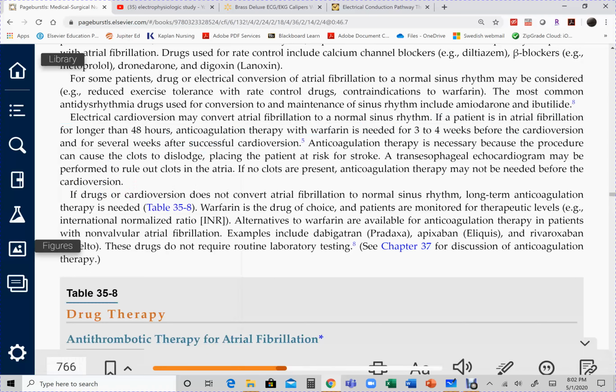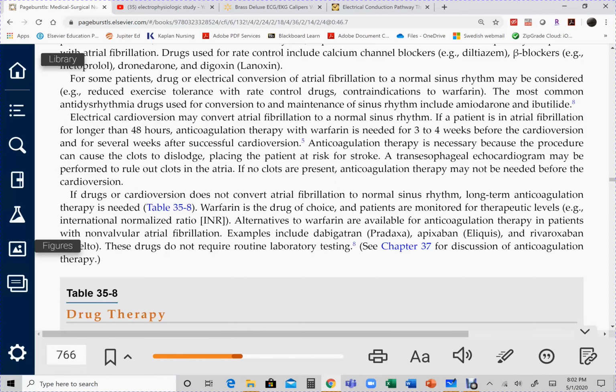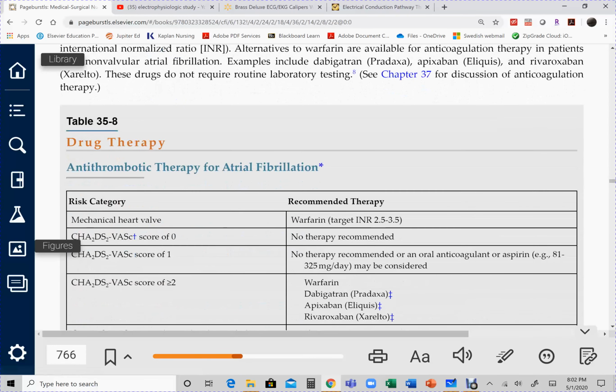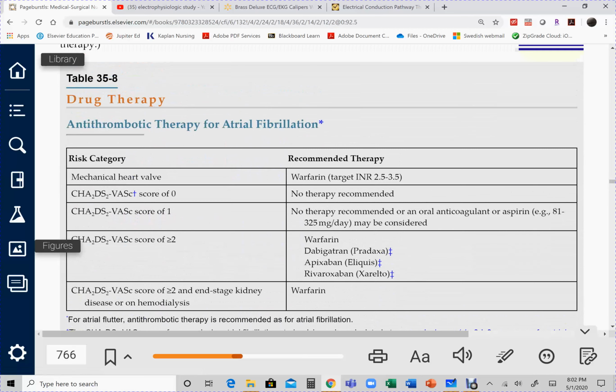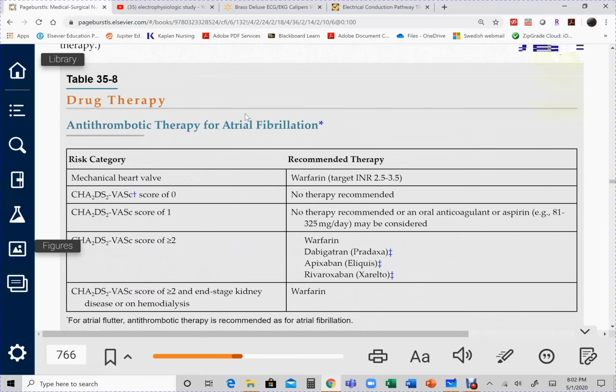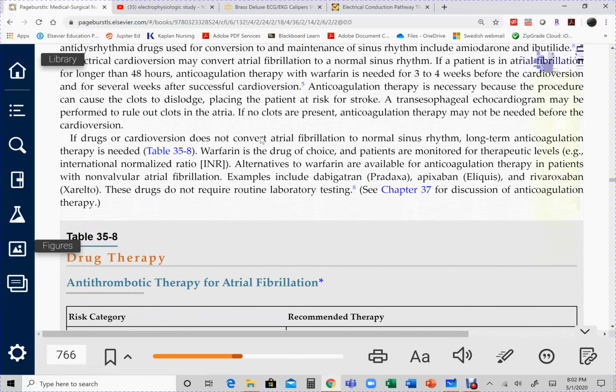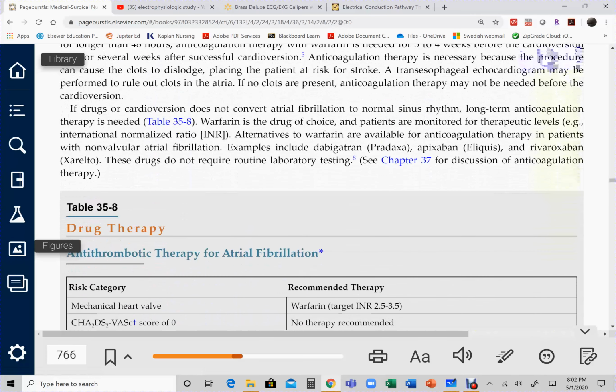I'll discuss electrical cardioversion when we get to that page. I'm not testing table 35-8. I don't think nurses need to know that. Alternative: as long as the patient's Afib is not caused by a heart valve problem, an alternative to warfarin are the novel oral anticoagulants.